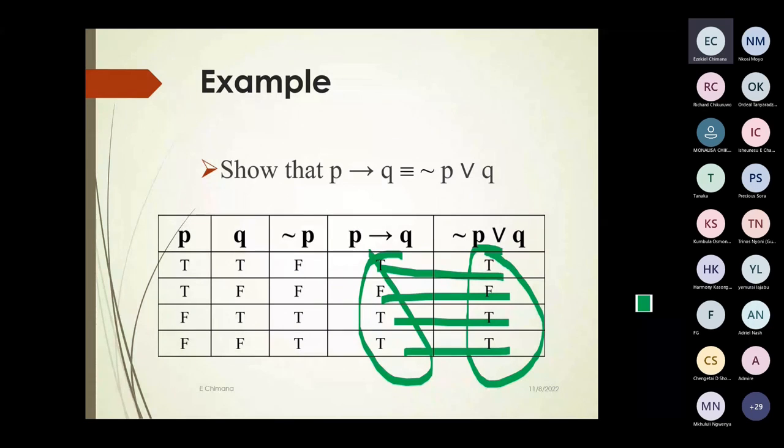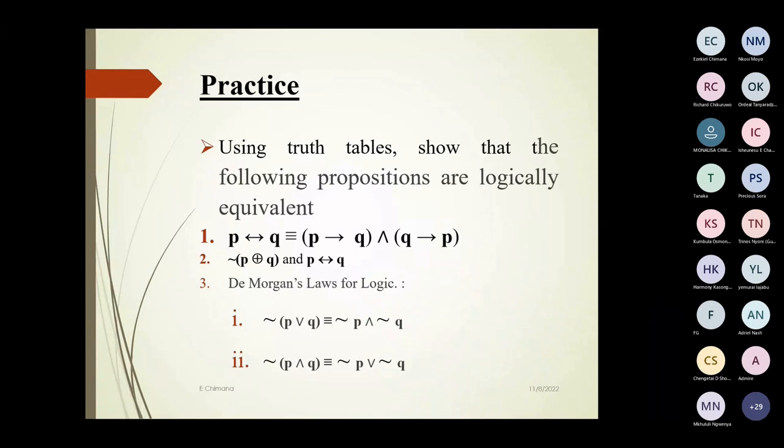Equivalent. So here's the practice. Using truth tables, show that the following propositions are logically equivalent. For the issue of equivalence, you can use truth tables, or you can use the equivalence laws, or the laws of what? Of logic.